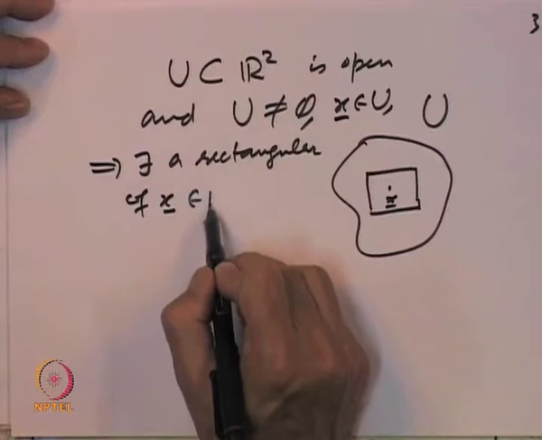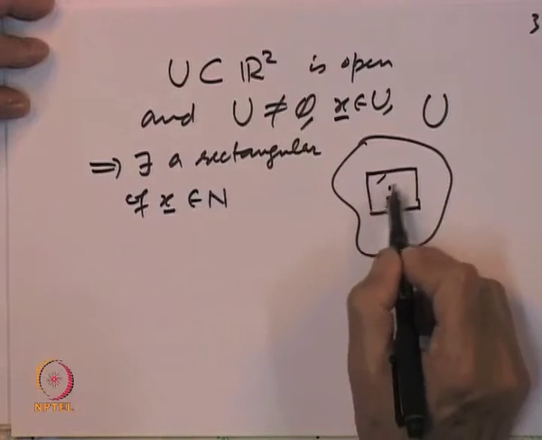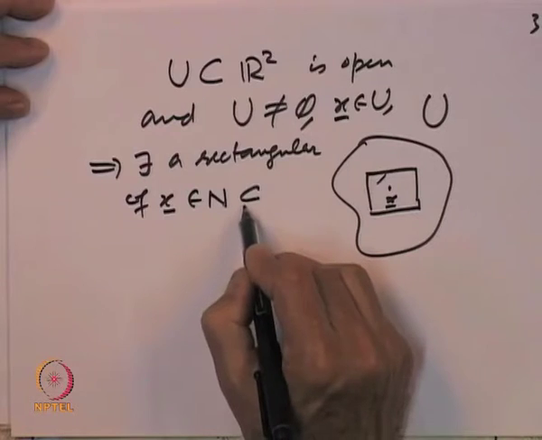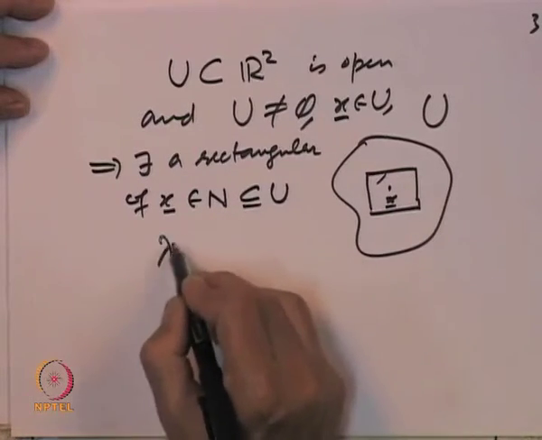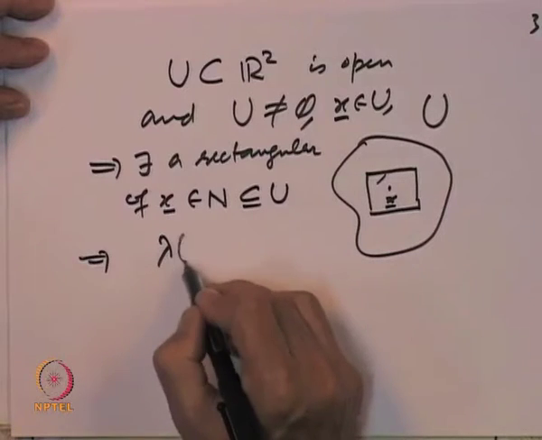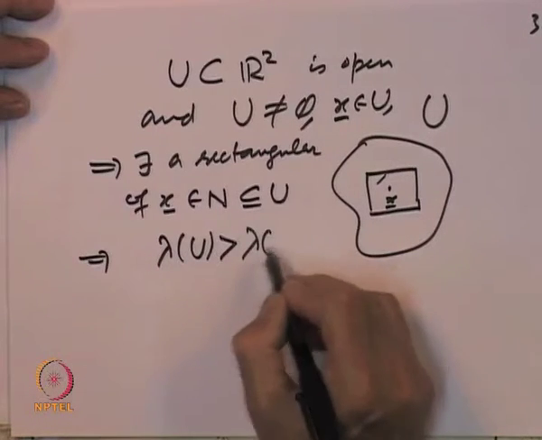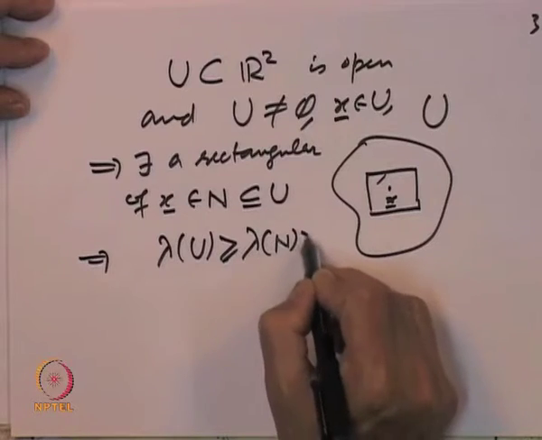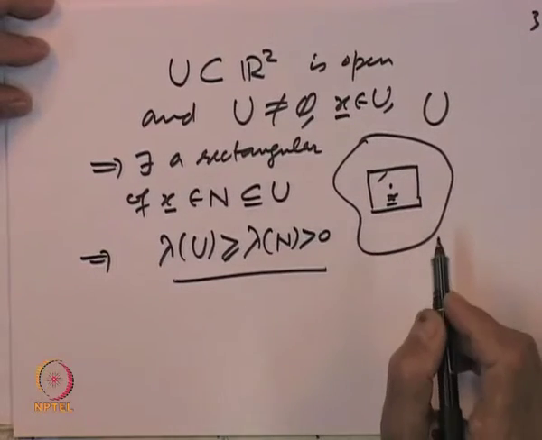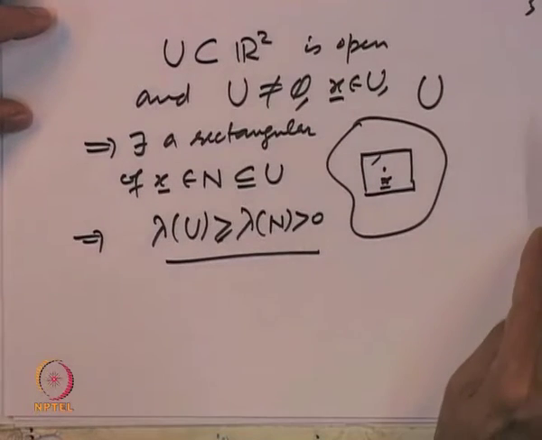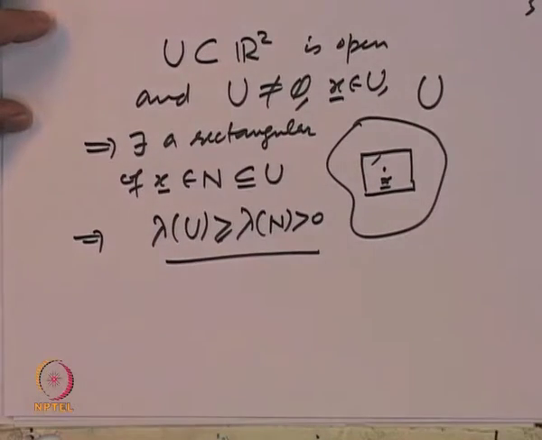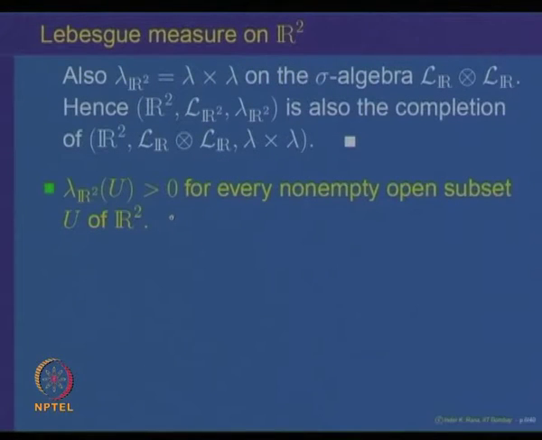Let us call that neighborhood n. So, this is the rectangle n which is contained in U. That means the Lebesgue measure of U will be bigger than the Lebesgue measure of n, which is always going to be bigger than 0, because it is a non-empty neighborhood. So, for every non-empty open set, the Lebesgue measure is always positive.